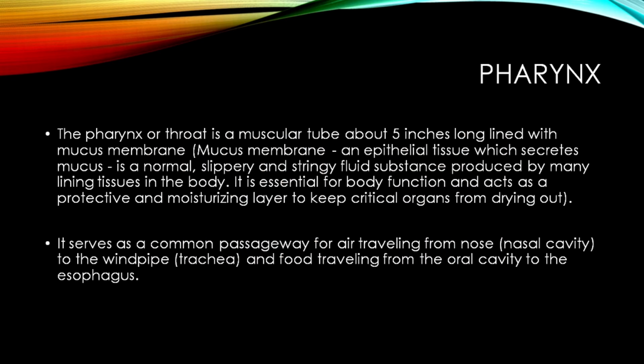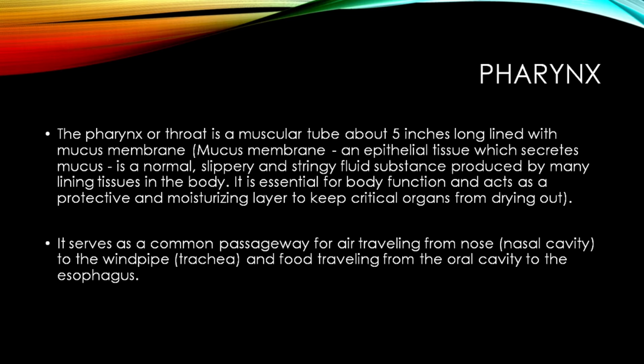Pharynx. The pharynx or throat is a muscular tube about 5 inches long, lined with mucous membrane. Mucous membrane is an epithelial tissue which secretes mucus. Mucus is a normal, slippery and stringy fluid substance produced by many lining tissues in the body.